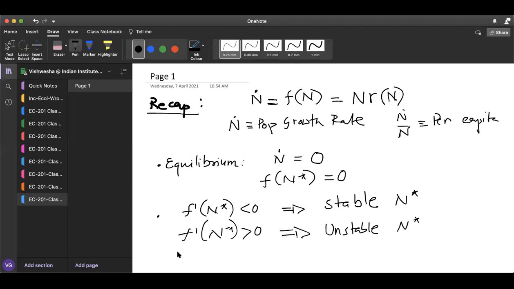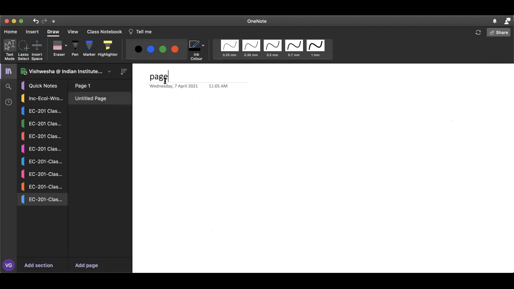With that, let us go back to where we were last time. We were discussing how to incorporate harvesting in simple population models.